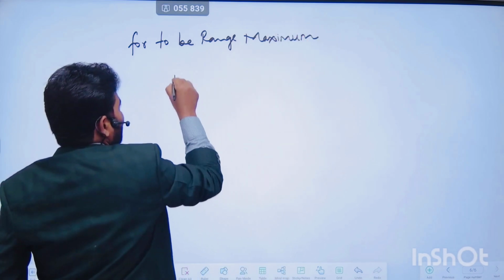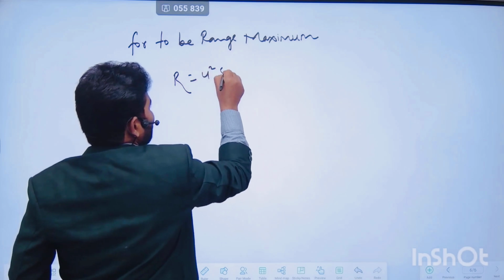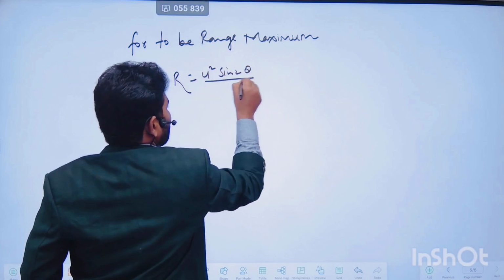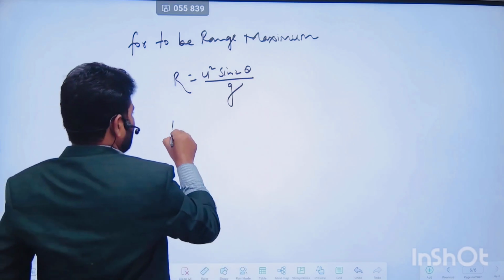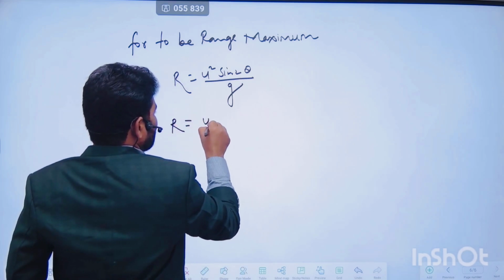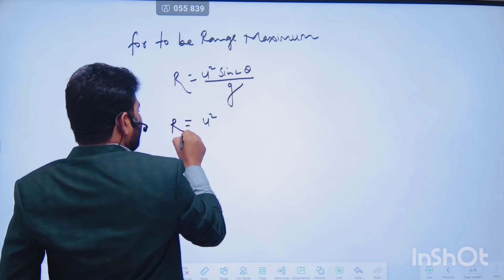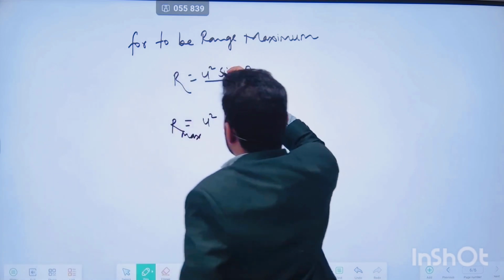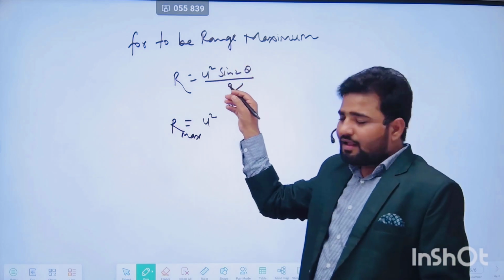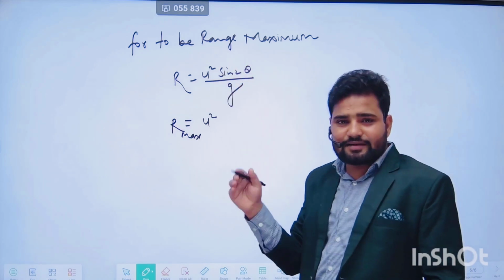Here we know that R is equal to u square sine 2 theta by g. So from here, R will be max when the right hand side will be max. Here u is constant, the velocity by which it is projected, and g is also gravitational acceleration, which is also constant.